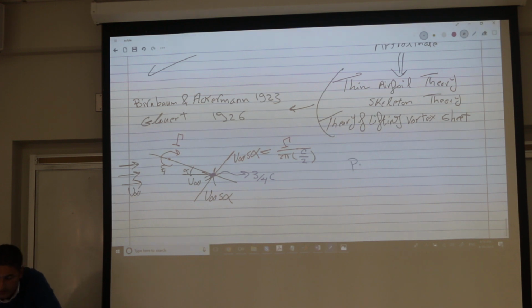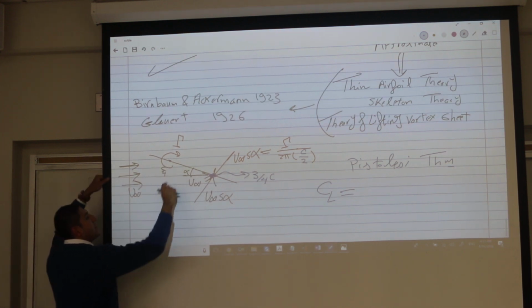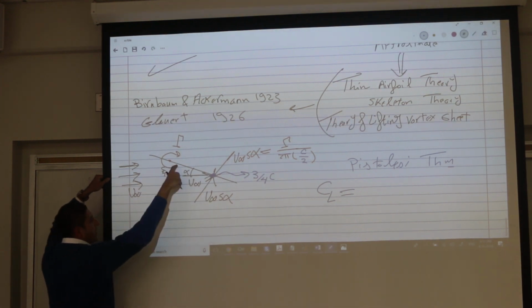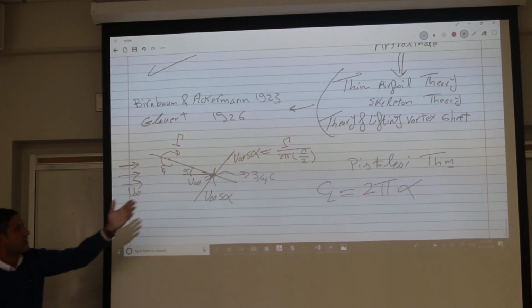So this is actually something called the Pistolesi theorem. If you have a varying angle of attack, if the whole section is rigid and has one angle of attack, the CL is 2 pi alpha, or 2 pi sine alpha, because it's one alpha.